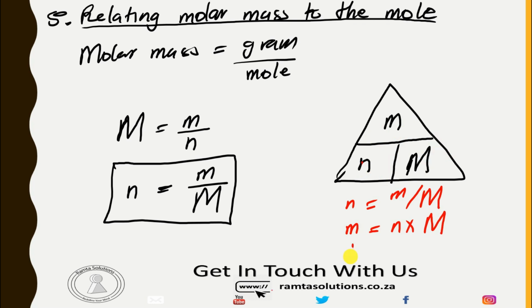Again, if you're looking for capital M, let's say you are given mass and the number of moles, it is equal to mass over number of moles. Do you see that? You can use this pyramid to help you understand this.